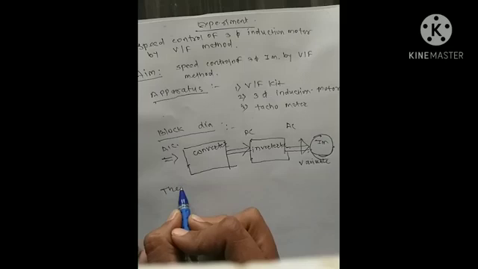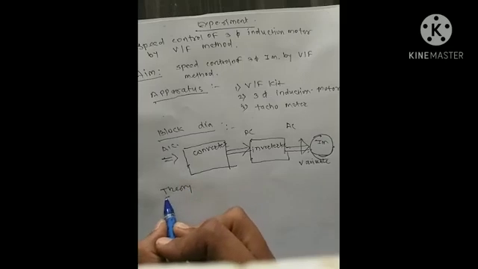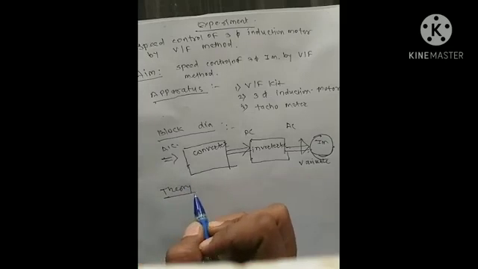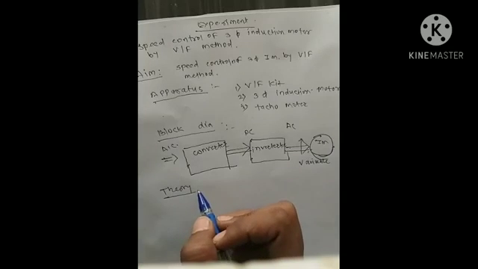Now we explain the introduction and theory of the V by F control method. The three-phase induction motor is typically a constant speed motor. For many applications we have to increase or decrease the speed of the three-phase induction motor.